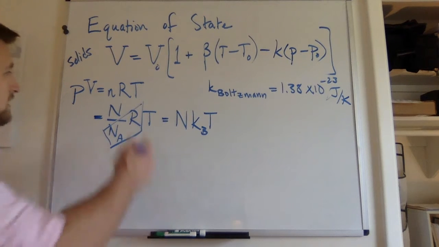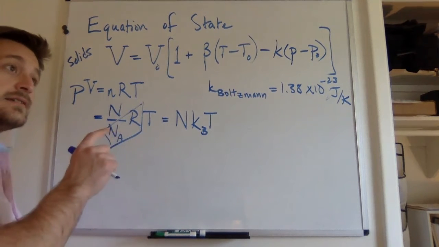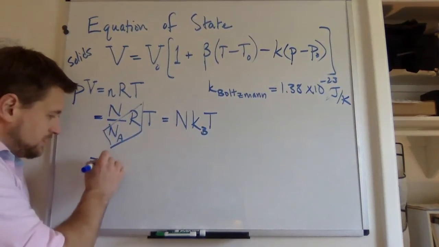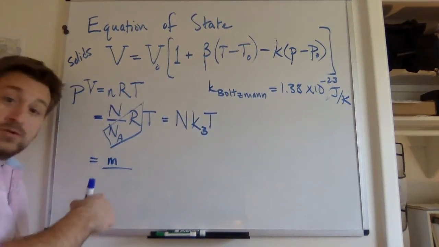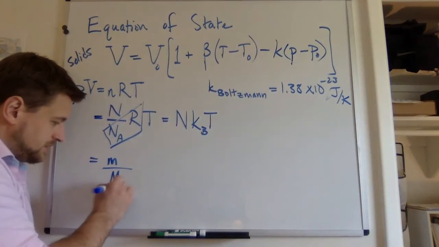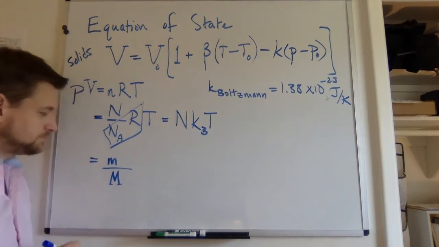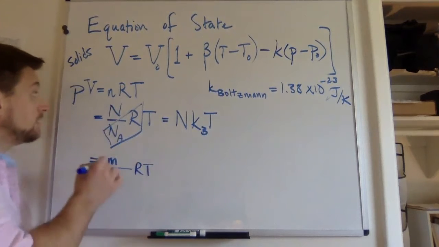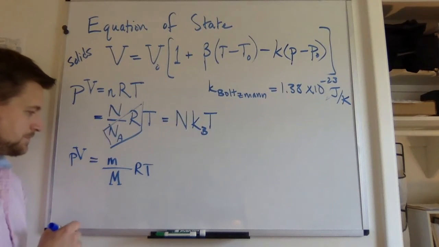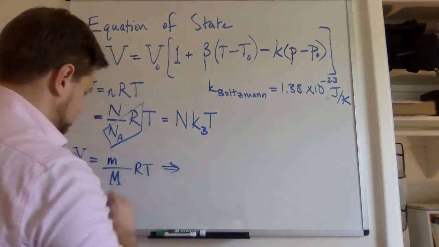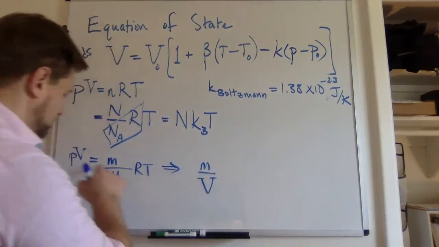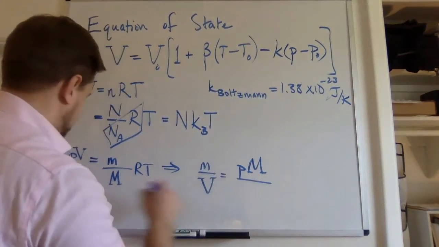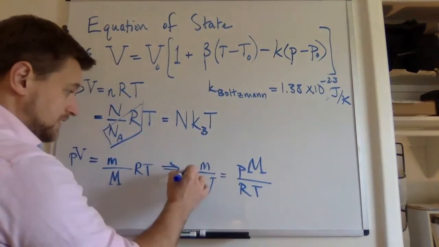What else is useful about that? The ideal gas law gets us an equation for the density of a gas if we express the number of moles as the mass of the sample divided by the molar mass, which we said in the last chapter was going to be capital M. The mass that we have divided by the molar mass gets us the number of moles, N, RT, pressure, volume, but the mass of the sample divided by the volume, m over V, equals pressure times molar mass divided by RT, and m over V, that's density.